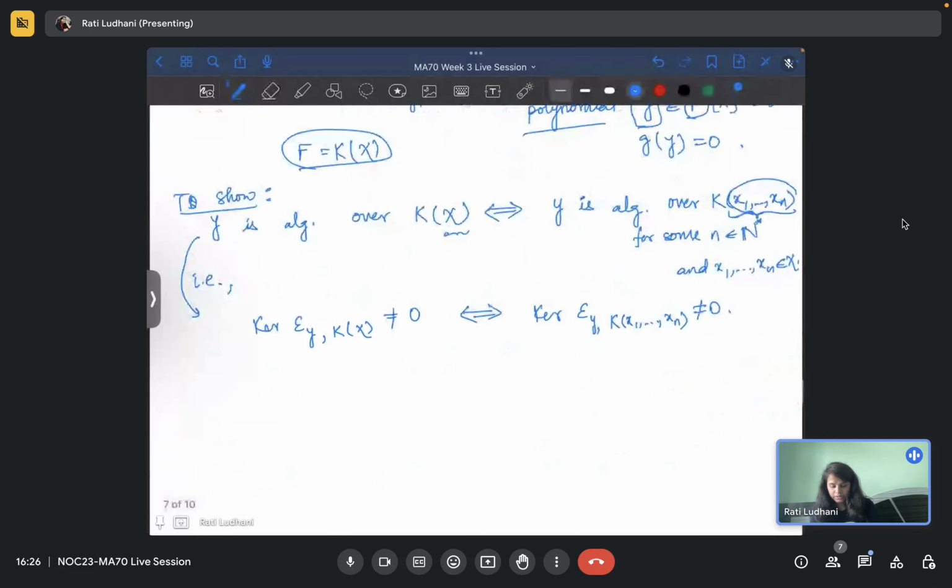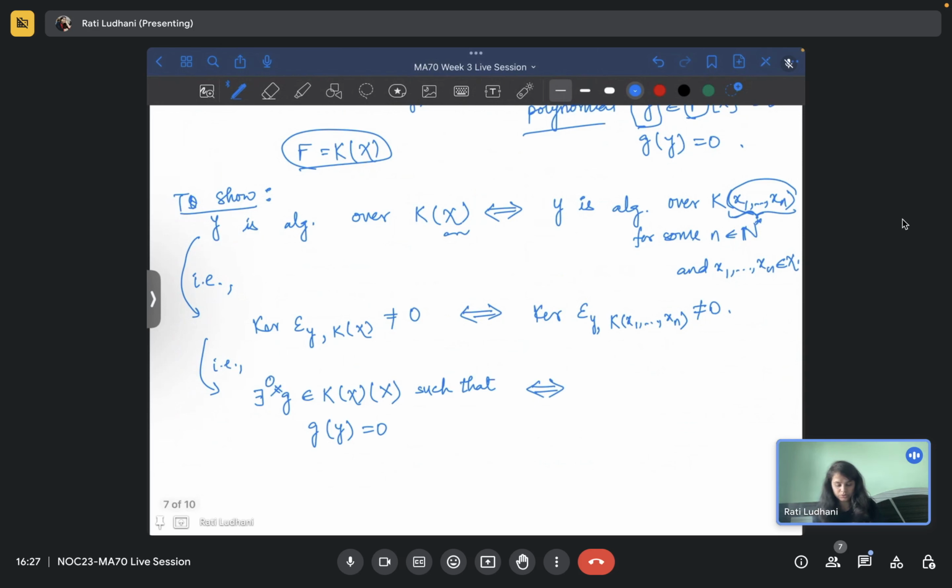Now further this means there exists a polynomial, let's say g belongs to k chi x. I hope the notations are clear, such that g of y is equal to 0, and also g is non-zero, so that is important, 0 is always there.